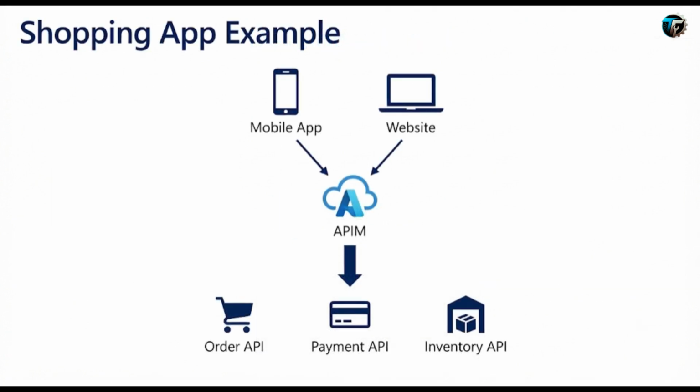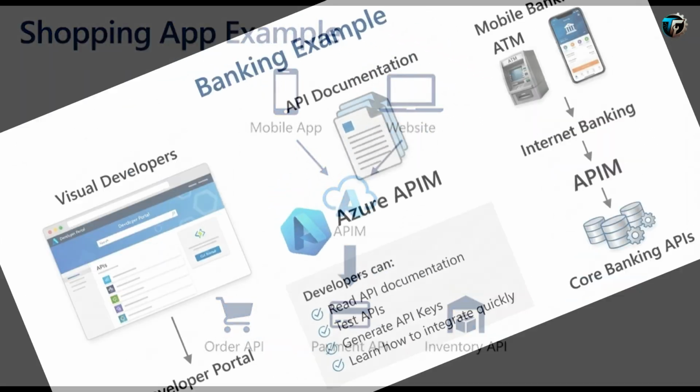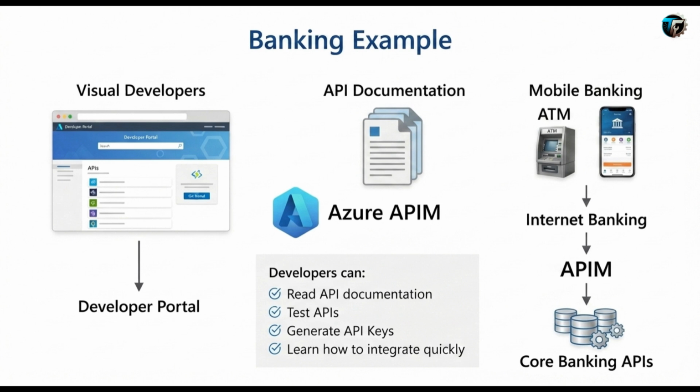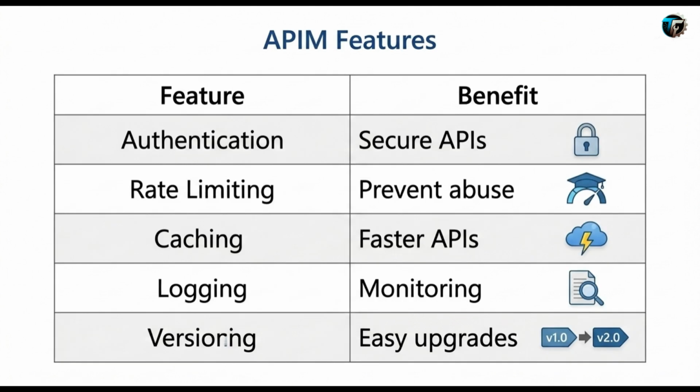In our shopping app, every request first reaches APIM. APIM authenticates the user, checks rate limits, logs the request, and routes it to the correct backend service. Banks expose hundreds of APIs. Instead of exposing backend services directly, all requests go through APIM, ensuring centralized security, logging, and monitoring.